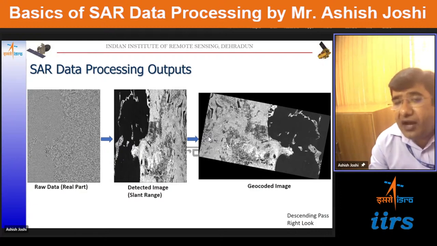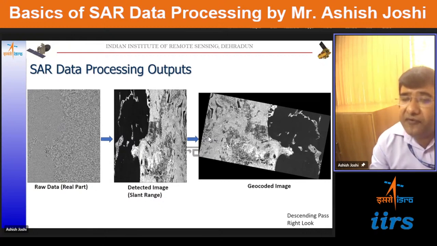So we have to do some post processing for geometrical corrections. These are the two corrections we can do. First, the ellipsoid correction, where we use height information, and second, the terrain correction, where we use the DEM information.